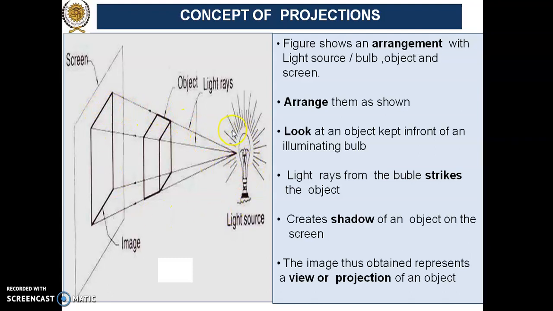Now, look at the object kept in front of the illuminating bulb. The light rays from the bulb strike the object and create a shadow of the object on the screen. The image thus obtained represents a view or a projection of the object.